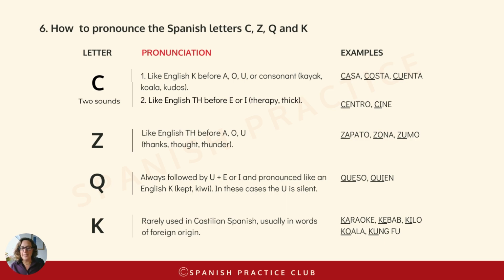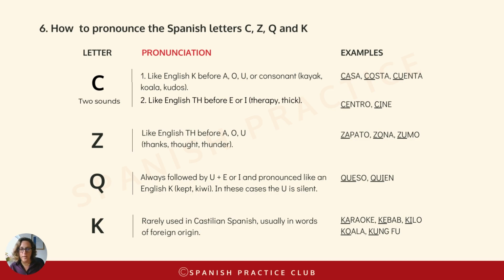If the letter C is followed by the vowels A, O, U, the sound you need to generate is like the English K in words like kayak, koala, or kudos. So we have casa, costa, cuenta. The C in Spanish, when followed by the vowels A, O, U, sounds like a K.